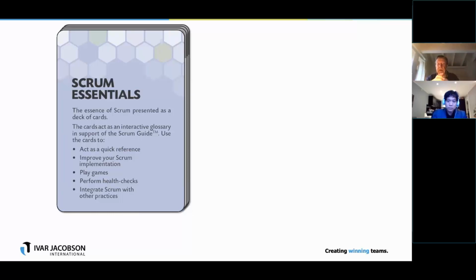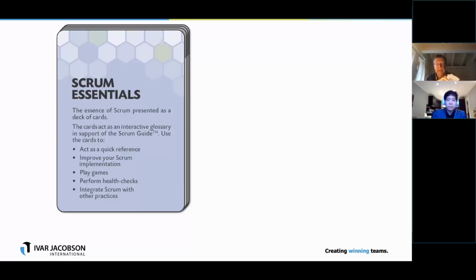It's a deck of cards, and you understand how easy it is to work with cards, and you have people discuss it. So now here is a Scrum Essentials card, and these are developed with Jeff Sutherland, who is one of the co-creators of Scrum.